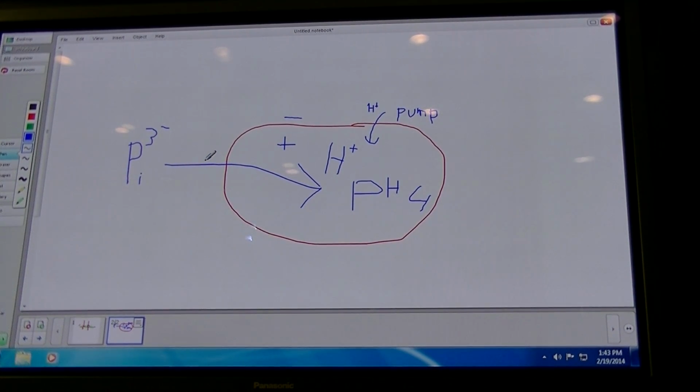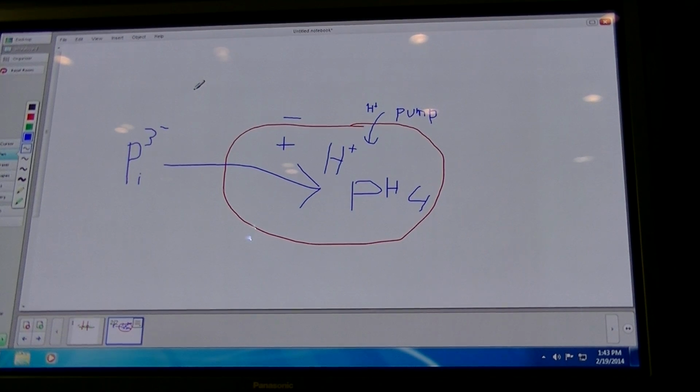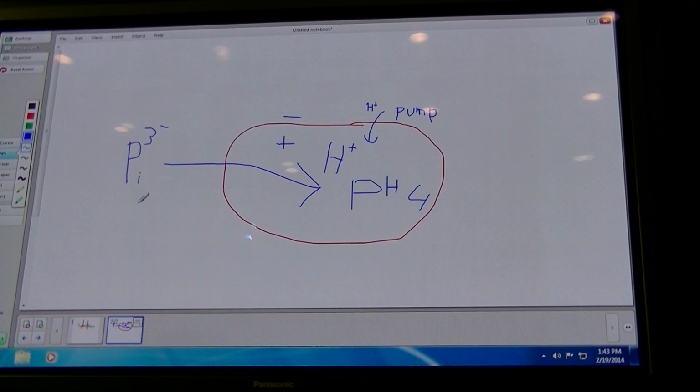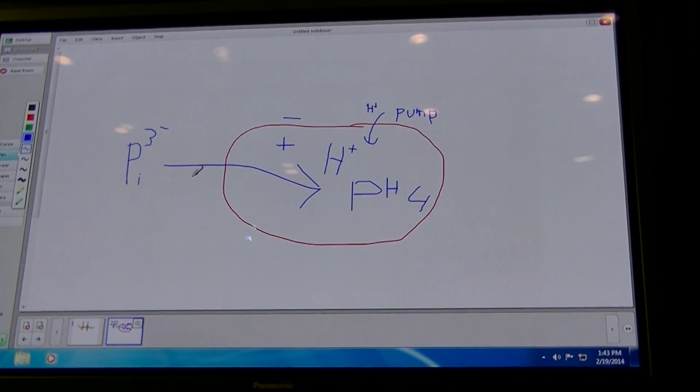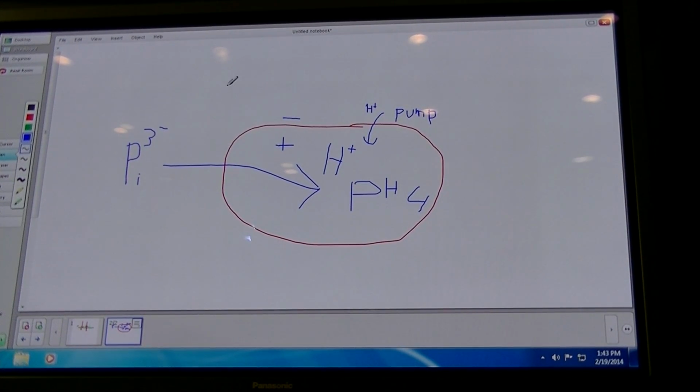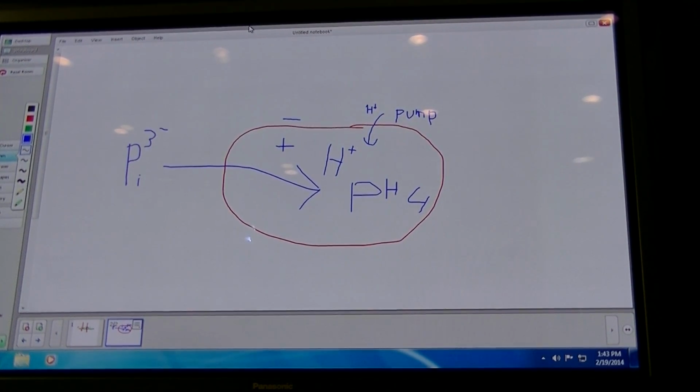Yes, that is possible. Would it be possible to use a channel to get the phosphate in? Yes, that is possible. Would it be efficient to use a pump to move the phosphate in? No, it's not efficient. It is theoretically possible, but it would be very inefficient.